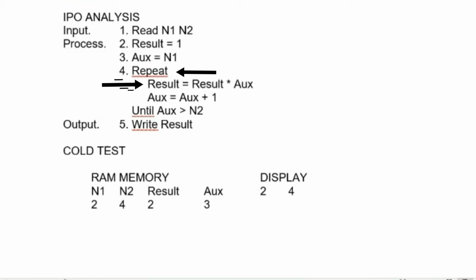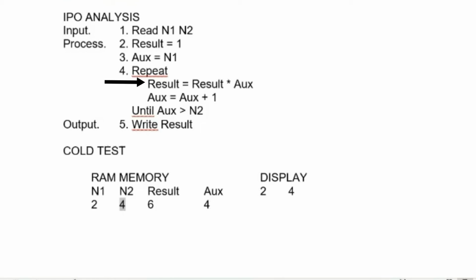Result is equal to result by aux. 2 by 3 is 6. Aux is equal to aux plus 1. Until aux is greater than n2. 4 is greater than 4, that is false.